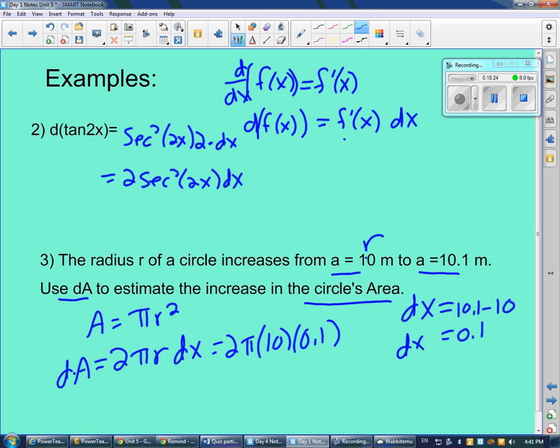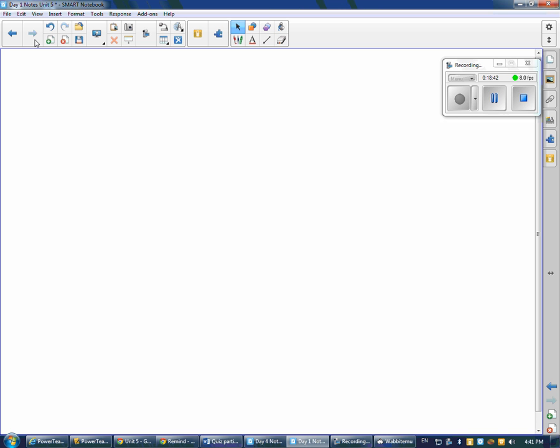And this will give me the estimate of the circle's area. And if you multiply those out without the pi, you get 2 pi. And so that is an estimate of the area's increase. And that is pretty much it.